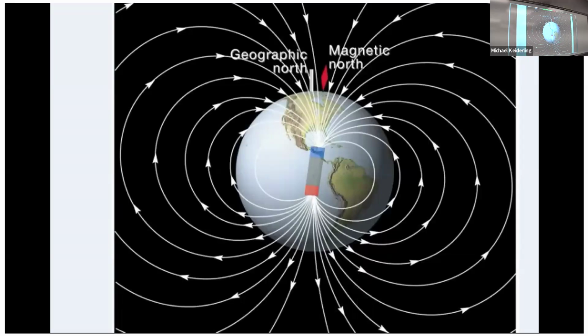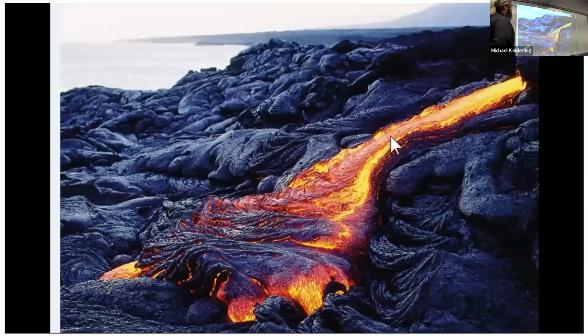The reason we know this is that lava flows, like this lava flow on Hawaii, when lava flows out of the Earth, there's little magnetic minerals in the lava, and they line up with the magnetic field at the time and actually preserve, like a tape recorder, the direction of the Earth's magnetic field, whichever way it was pointing, either normal or reversed.